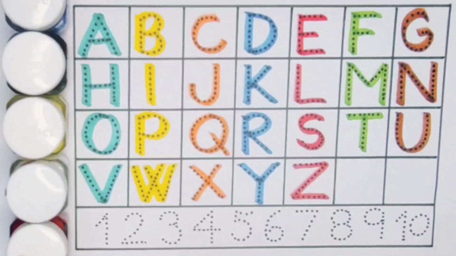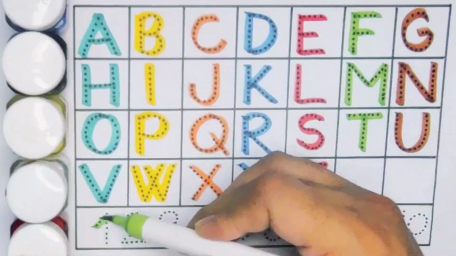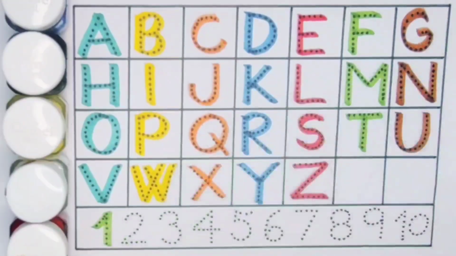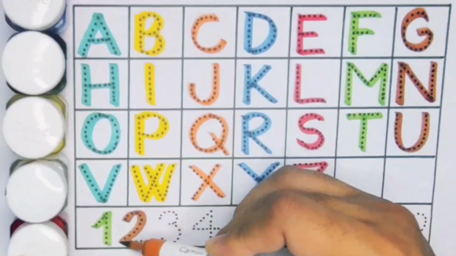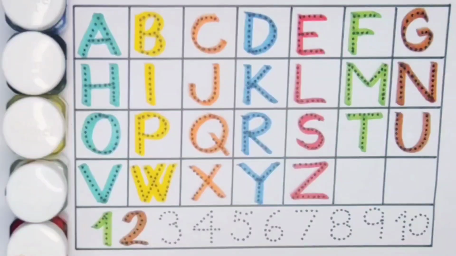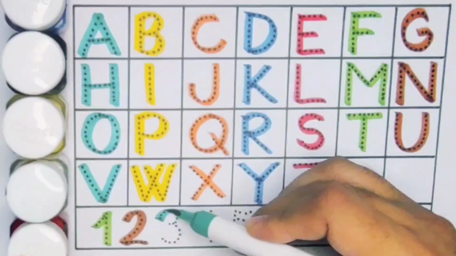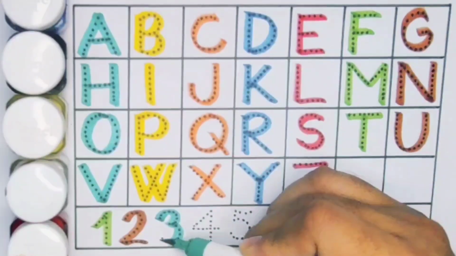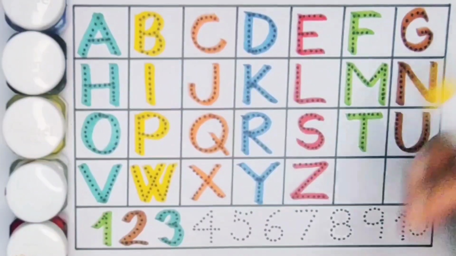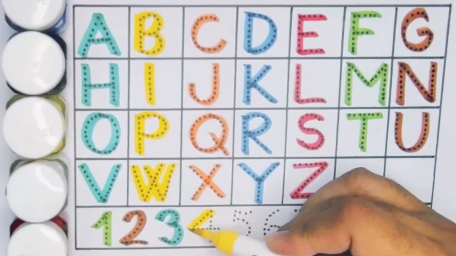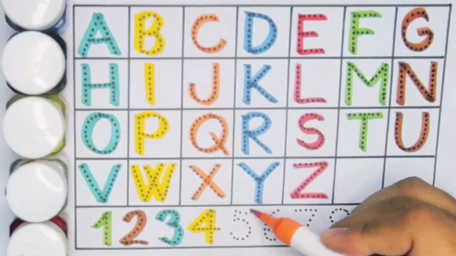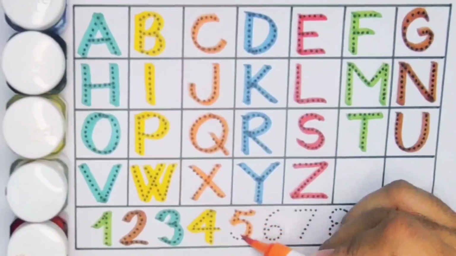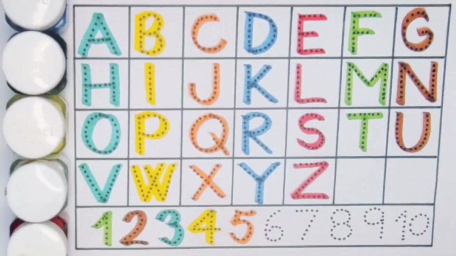Now the numbers counting. Number 1. Next kids, number 2. Next kids, number 3. Next kids, number 4. Next kids, number 5. Next kids, number 6.